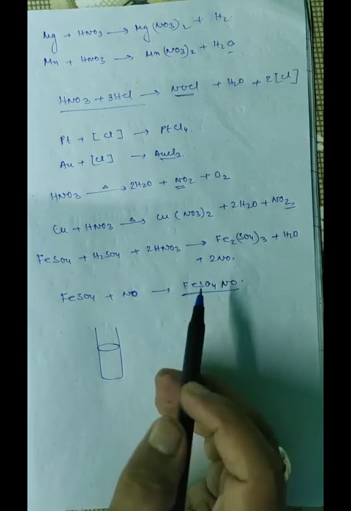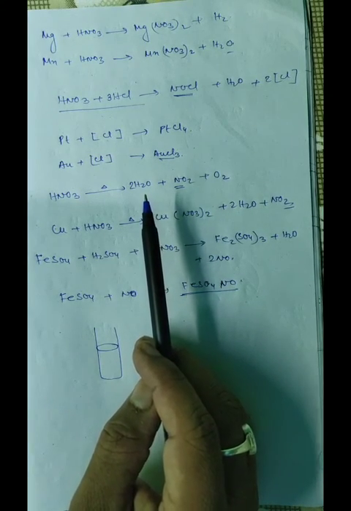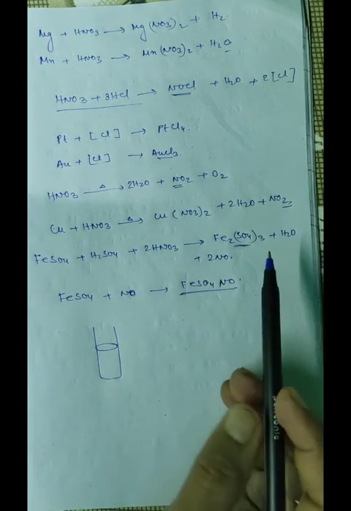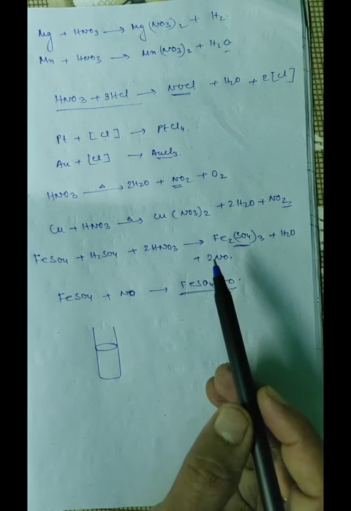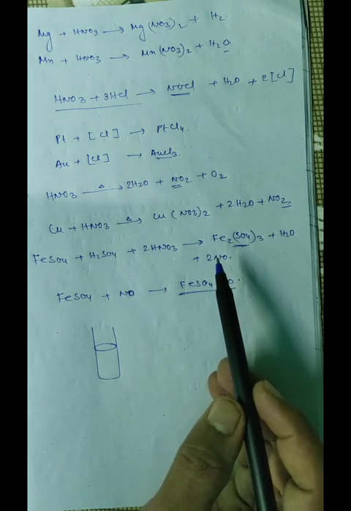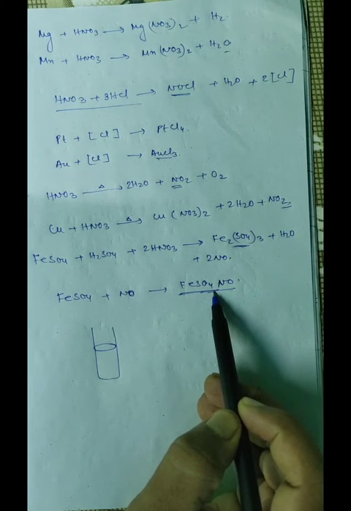Now, a freshly prepared ferrous sulfate solution is used because on exposure to the atmosphere it oxidizes to ferric sulfate, which will not give a brown ring. The brown ring of nitrosoferrous sulfate is formed at the junction of two liquids.